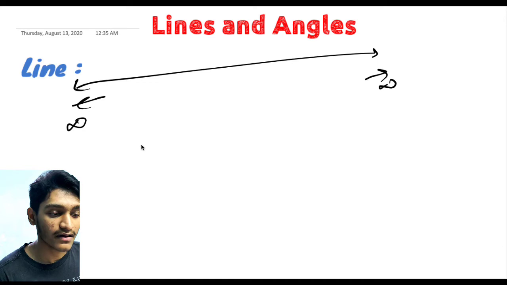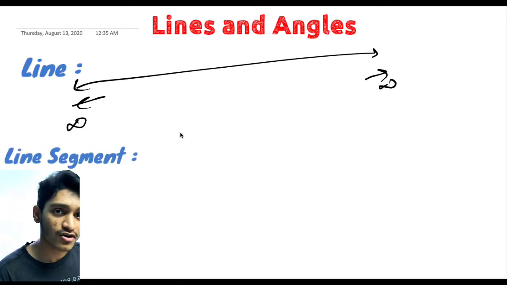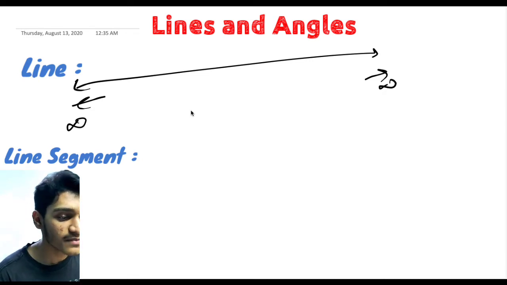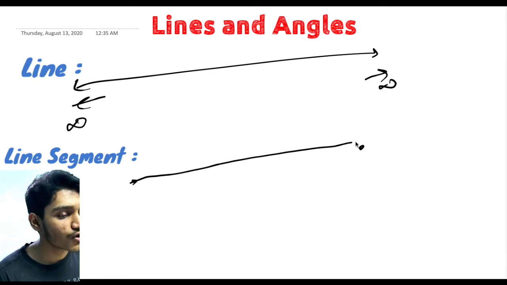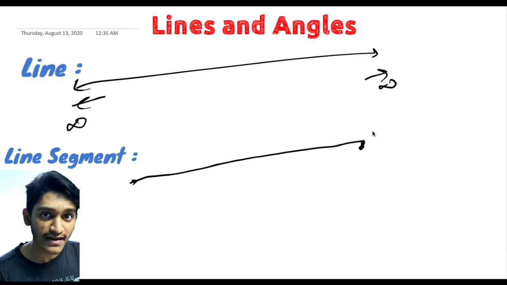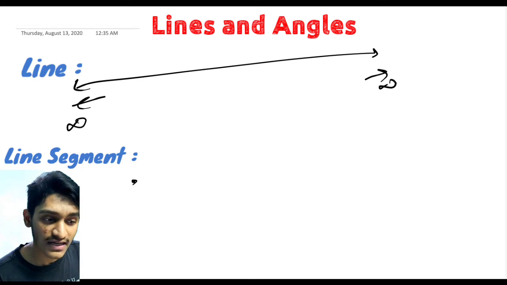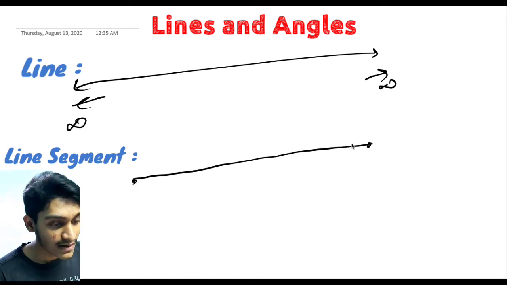Now what about the sub part of a line which can be measured? Another basic terminology is a line segment. A line segment is something like this. Take 2 points over here, join these 2 points, and you cannot exactly call this a line because it is not infinitely extending on both sides. So it is a line segment.